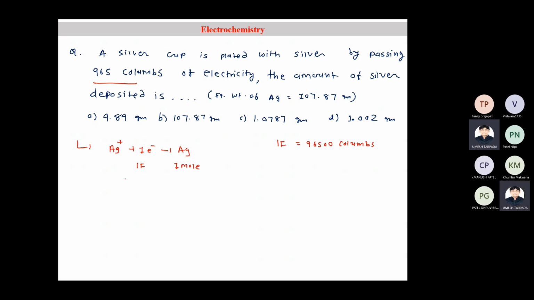So you can write down the relation in this way. 96500 coulomb gives 1 mole. So 965 coulomb gives how many moles? So again calculate mole. 965 cancels, 1/100, 10 raised to minus 2 mole.